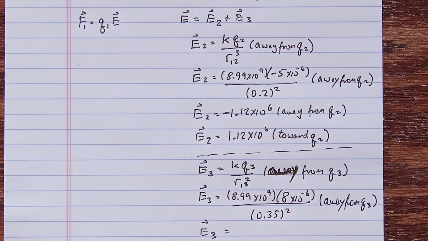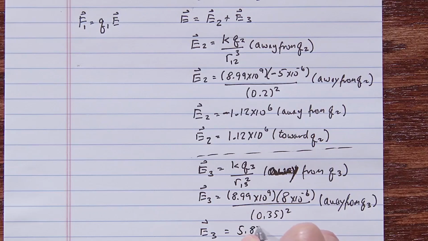or E3 would be equal to 8.99 times 10 to the 9 times 8 times 10 to the minus 6 divided by 0.35 squared, which gives us 5.87 times 10 to the 5 newtons per coulomb away from Q3.